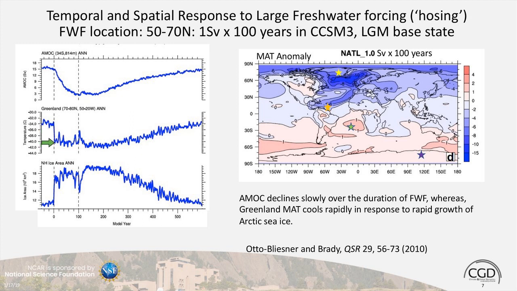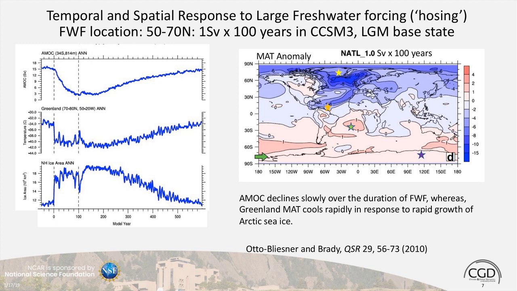However, Greenland showed a very rapid cooling in association with a very rapid rise and expansion of northern hemisphere sea ice, and looked more like the response of sea ice and less like changes in northern heat transport that would be induced by a slow decline of AMOC.